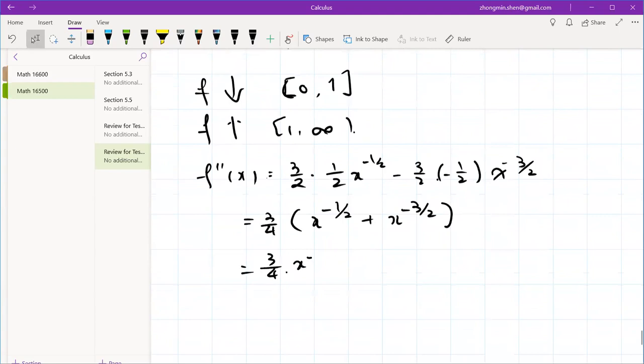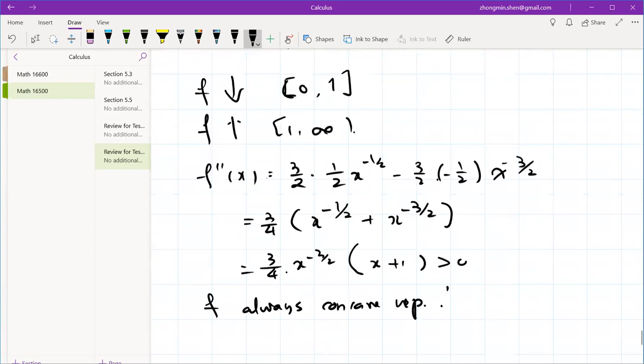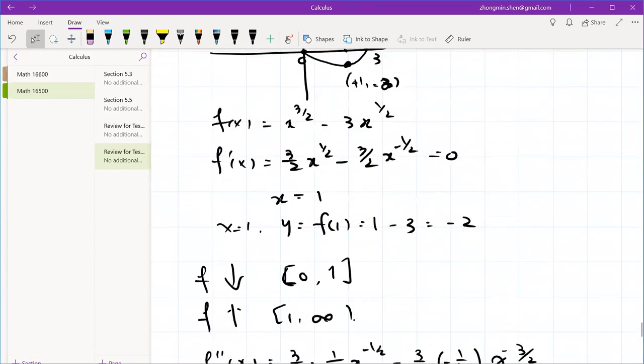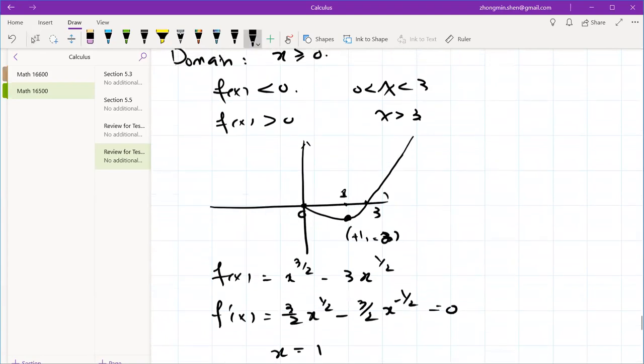This is always positive, so it's always concave up. Okay, always concave up. All right, so just always concave up.